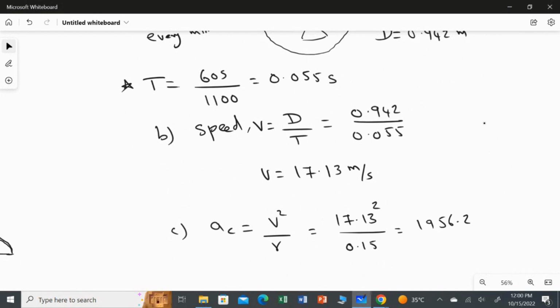I can write this as centripetal acceleration 1.95 multiplied by 10 to the power of 3 meter per second square. Clear?